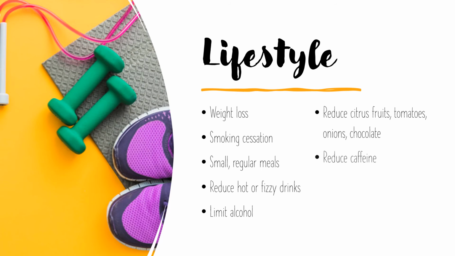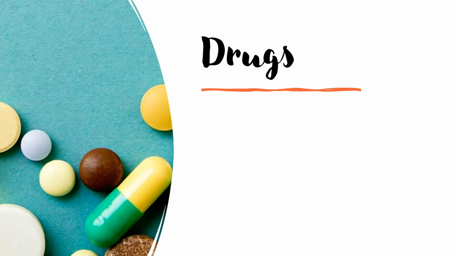A reduction of caffeine is good, and in terms of sleep hygiene, they should avoid eating less than 3 hours before going to sleep, and propping themselves up in bed with many pillows is a really good supportive idea. What about what we can do for these patients?